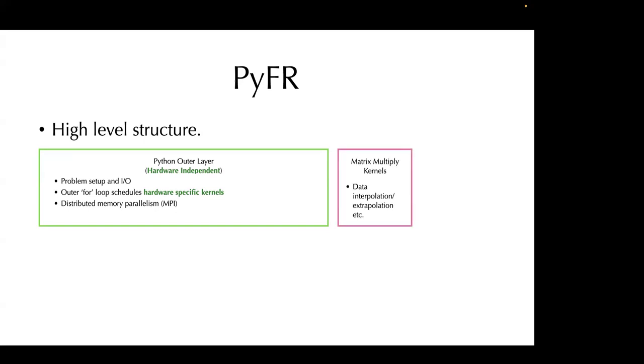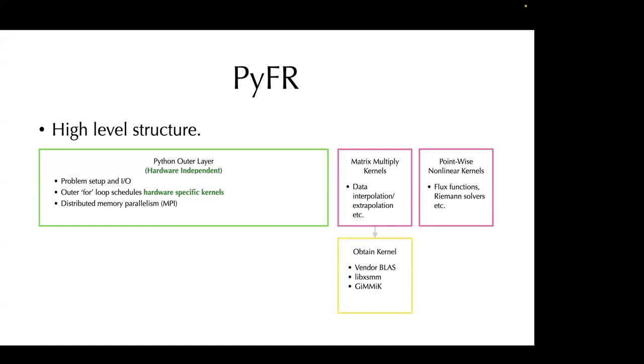And then when you get down to flux reconstruction itself, you find that operations typically take the form of either matrix multiplications, which are used to represent data interpolation and extrapolation operations, and pointwise nonlinear kernels that encode things such as your flux function and your Riemann solver.